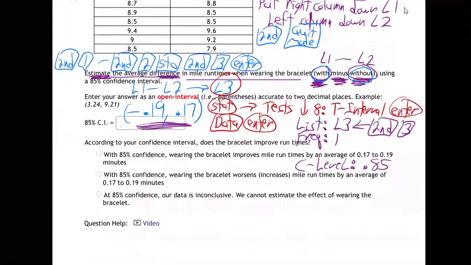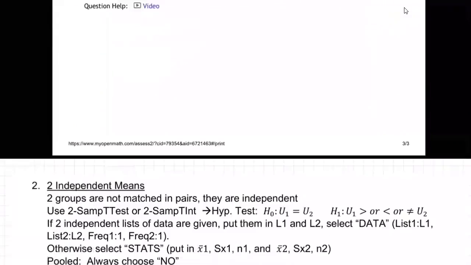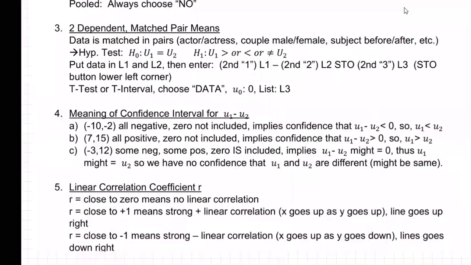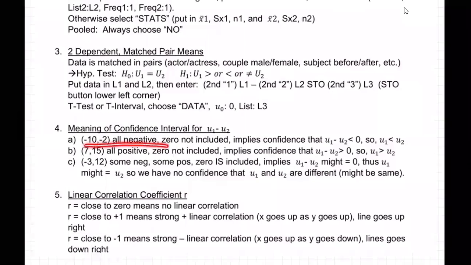And then what does that mean? To draw the conclusion to a confidence interval, what do we always do? Well, that's also down here in the notes. I'm showing you in the notes that you can follow this chart. 2 negatives mean mu1, the first one, is lower. 2 positives means the first one's higher.